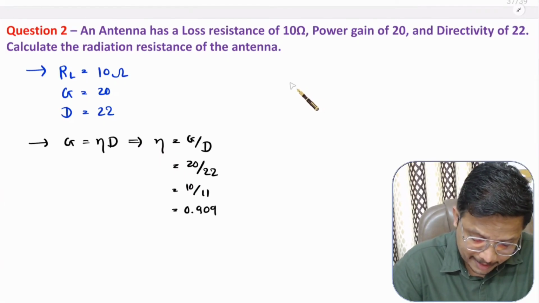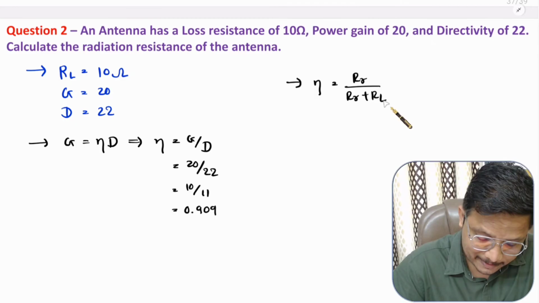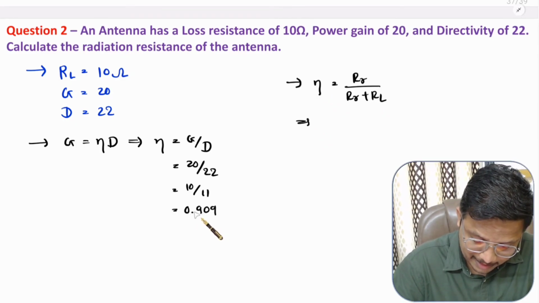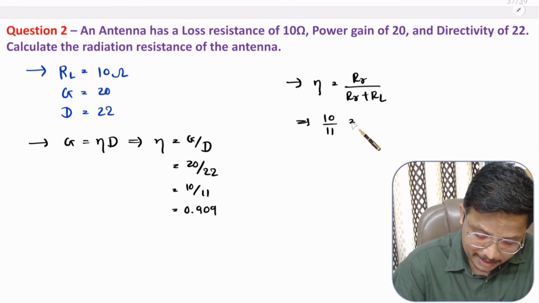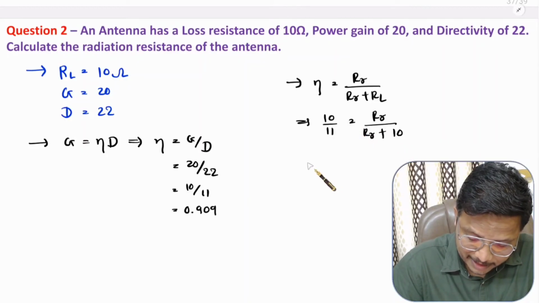Now we will identify the radiation resistance based on radiation efficiency. See, radiation efficiency is radiation resistance divided by radiation resistance plus loss resistance. Here the radiation efficiency is given, that is 10 by 11. Radiation resistance is what we want to calculate, and loss resistance is given, that is 10 ohm. Just do cross multiplication here.